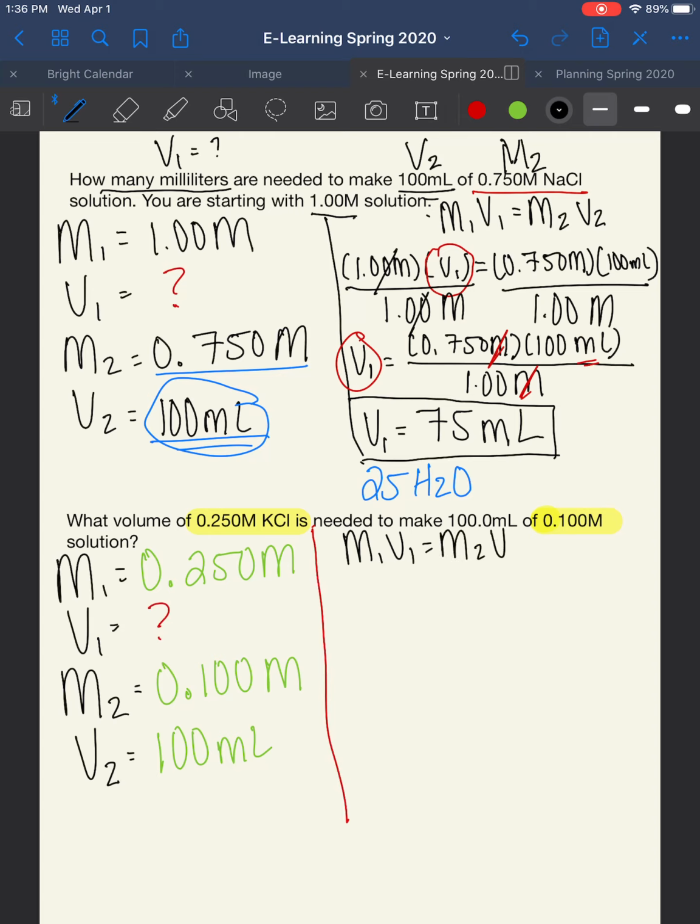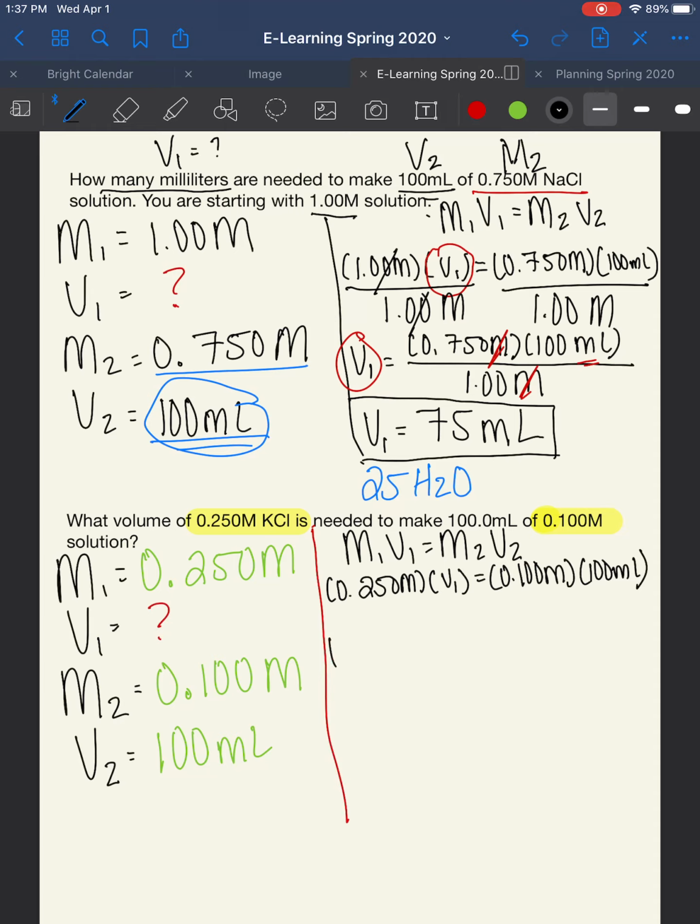M1 V1 equals M2 V2, where my M1 is 0.250 molar, my V1 is my unknown, M2 is 0.100 molar, and my V2 is 100 mLs.